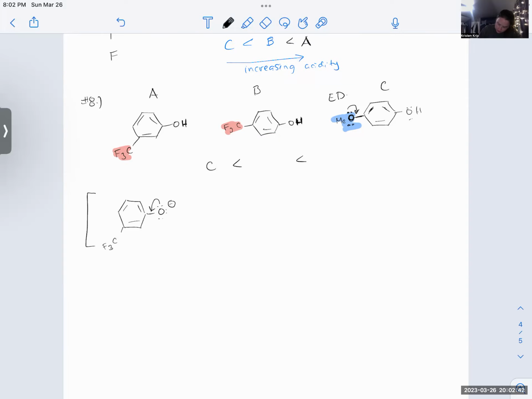So if we put these electrons here, you know what, I did this the other day too. I think it's better if I have it like that. So then these electrons have to move onto here. And then they can move into a bond here.